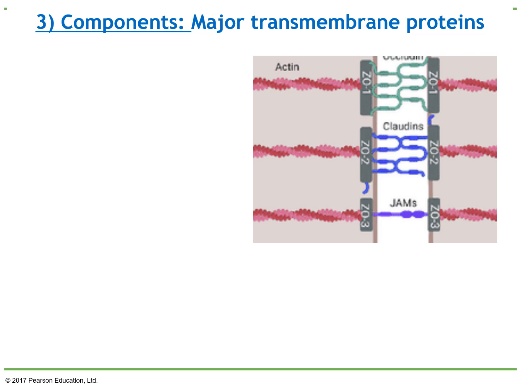Here you can see the different components. Could you see the three components of this junction? Claudins, JAMs, and occludins. Remember, these ones are the core.